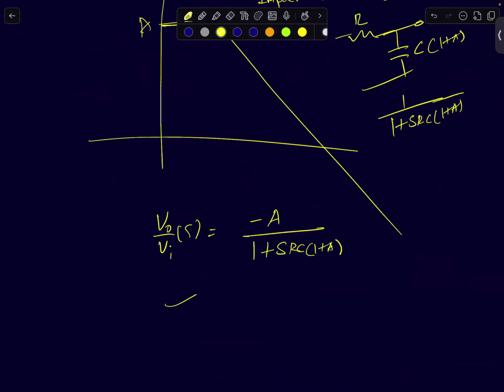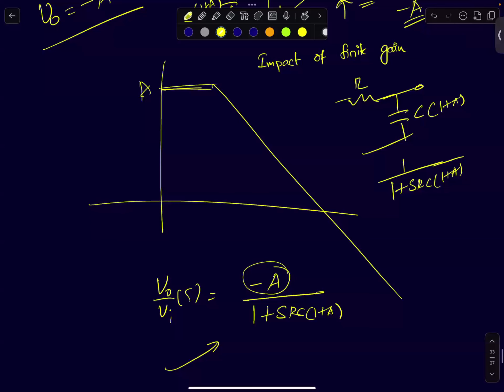So it looks like a low pass filter, but with a DC gain of the op-amp's DC gain itself. And where does the pole occur? The pole occurs at 1 by RC into 1 plus A. So if your op-amp's gain becomes infinity, the capacitance seen referred at the input will become infinity. So this pole will move to DC and this gain will become infinity.